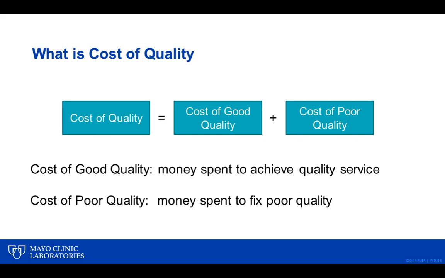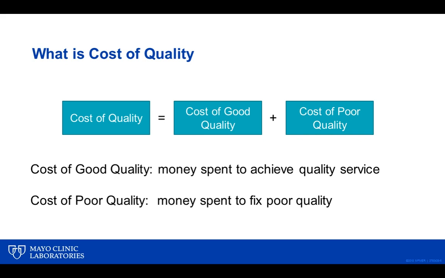Now let's get back to our topic of cost of quality. What is cost of quality? As you can see on the screen, cost of quality is the sum of two components: the cost of good quality and the cost of poor quality. Anytime you spend money to achieve quality service, that is money you are investing in your lab to make sure you deliver good service.